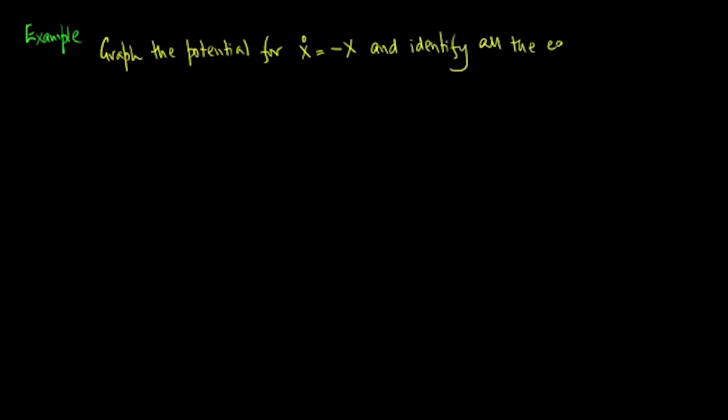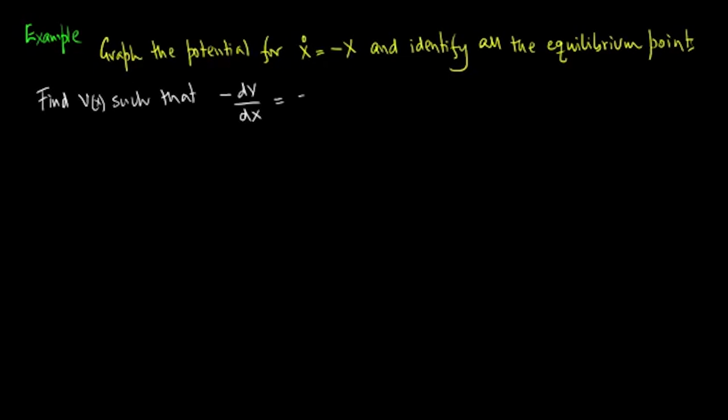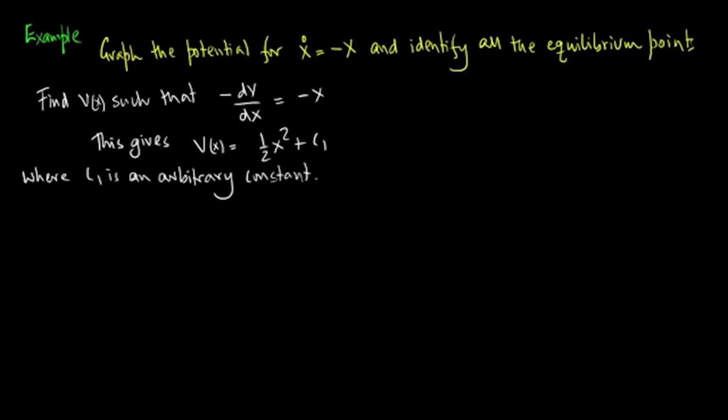Let's consider an example. Graph the potential for x dot is equal to minus x and identify all the equilibrium points. So we need to find V of x such that minus dV dx is equal to minus x. This gives us V of x is equal to a half x squared plus c1, where c1 is just an arbitrary constant.